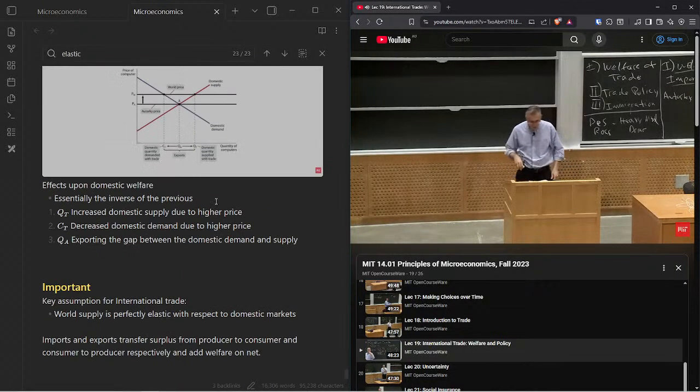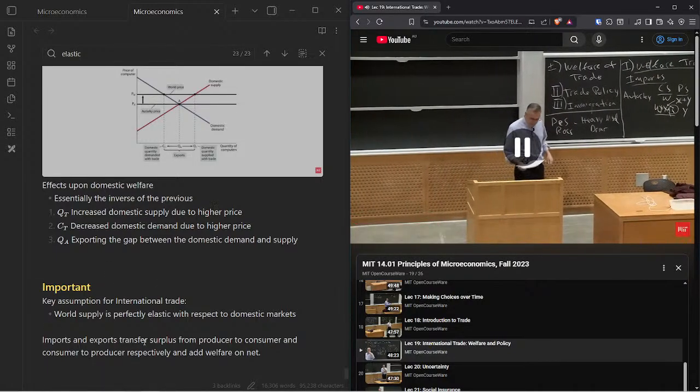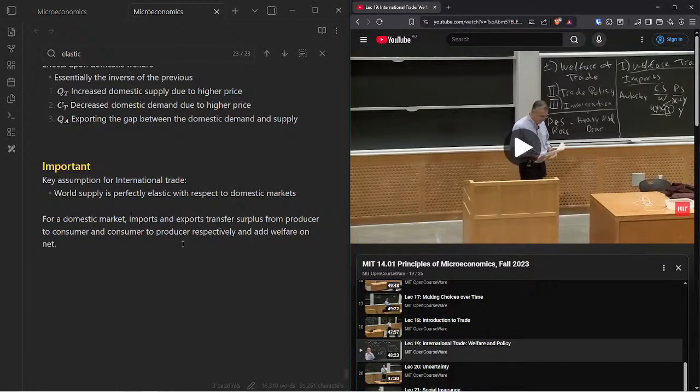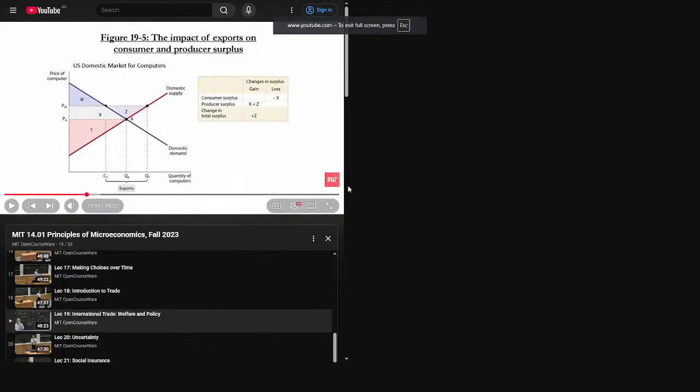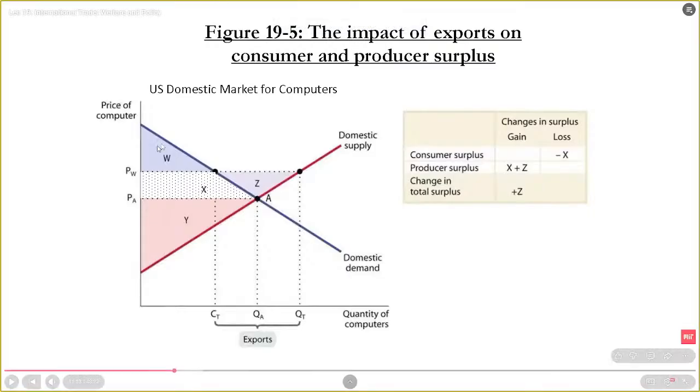Now, what's the welfare analysis of exports? This is quite interesting. Let's go to figure 19.5. For a domestic market, impact of export to consumer.